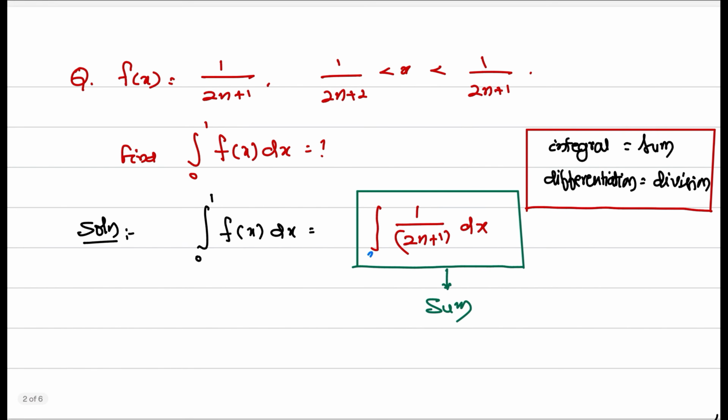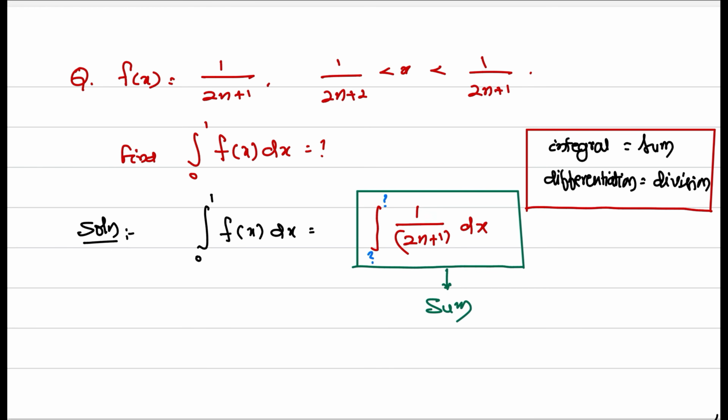What is this value? For a function in terms of x, it is 0 to 1. But the function is not in terms of x. It is in terms of n. Then I have to modify this value when I replace the function in terms of n. What is the lower limit? What is the upper limit?